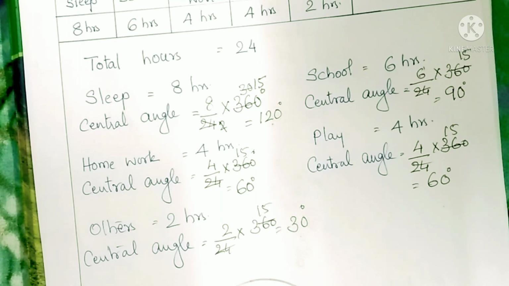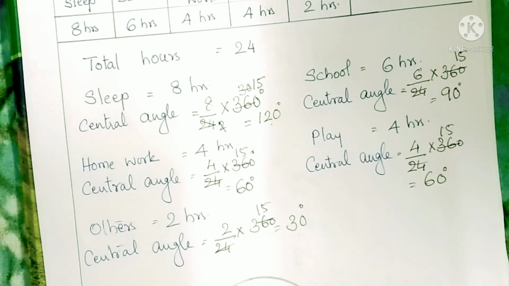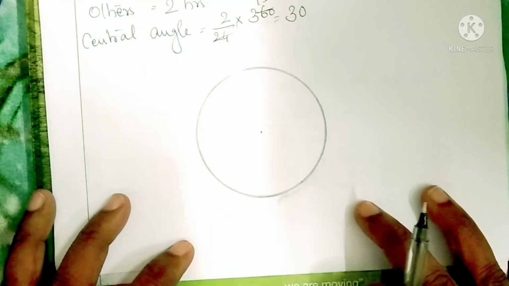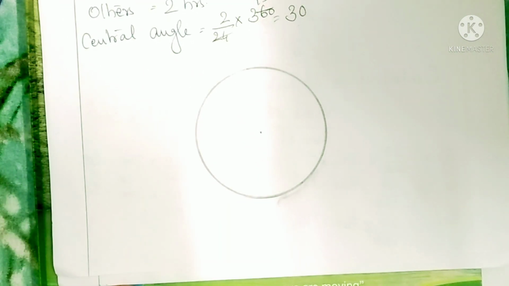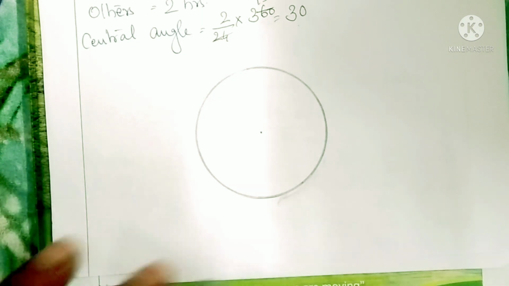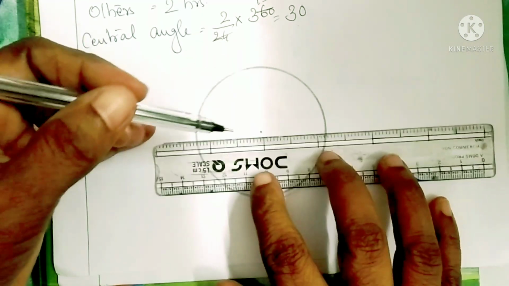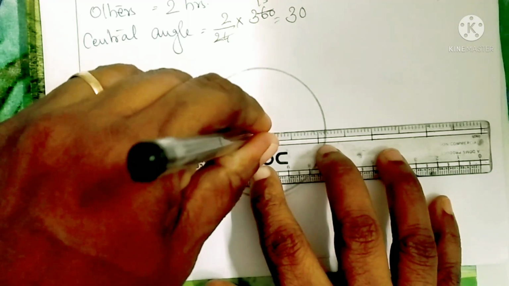Now sector, how to take it? First thing, this is the center of the circle. You see here, this is the circle. First of all, you can draw a circle with a radius of your own wish. With any radius you draw one circle, and then draw any one of its radii.